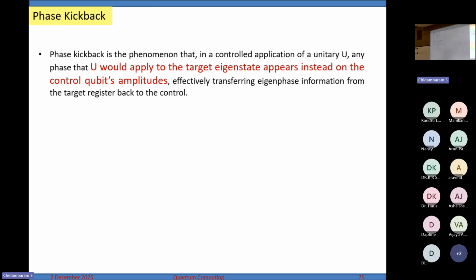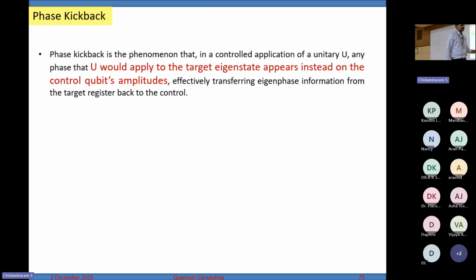Okay, so phase kickback is a phenomenon wherein, in a controlled application of unitary U, which is the operator, any phase that you would apply to the target eigenstate appears instead on the control qubit amplitudes. You are supposed to get it reflected on the target amplitudes, rather it reflects on the control qubit amplitudes.